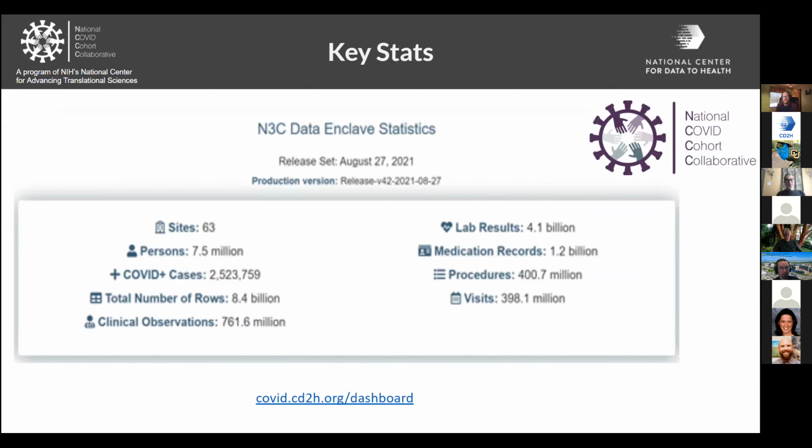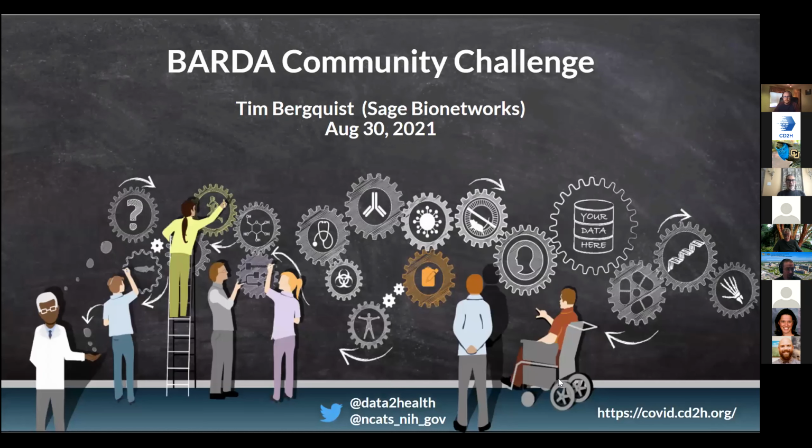And certainly I would say that the importance and relevance of the enclave, given the Delta spike and the fact that it's obvious that the COVID story is unfortunately not ending as soon as we had all hoped, will be only enhanced. So I think it's a tremendous source of information. Next slide. Okay, so on to Tim.